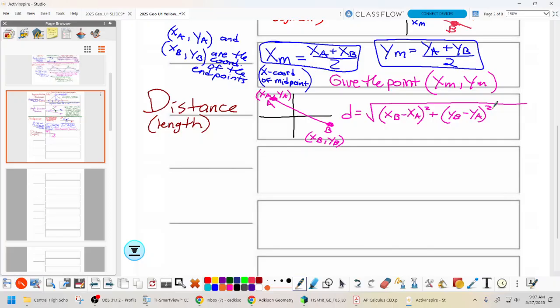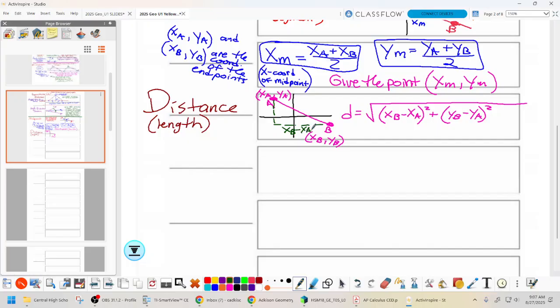So a lot of little details in terms of order of operations, but the concept makes sense if you know the Pythagorean theorem. So again, xb minus xa, that is this distance. In fact, I'm going to show that. This is xb minus xa.